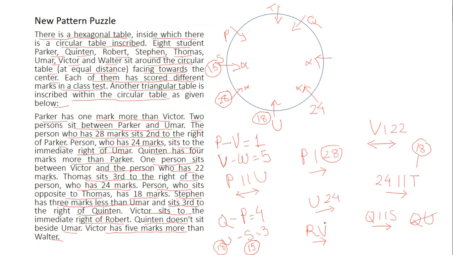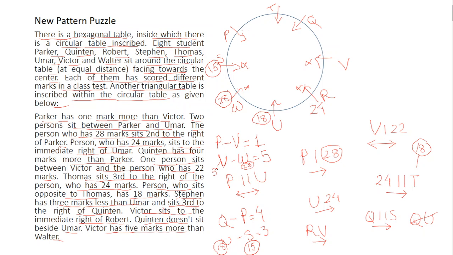Which condition to take next? R and V, because R and V are together. The only place for R and V is here, R with V to the right. One more is left, that is Walter, so the only place for Walter is here. So we have W marks as 28. What would be the marks for V?